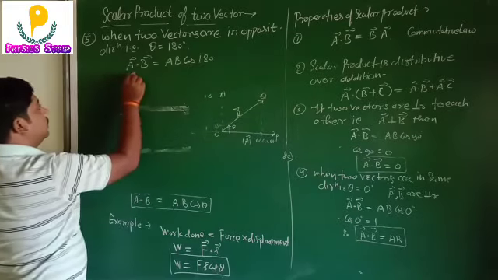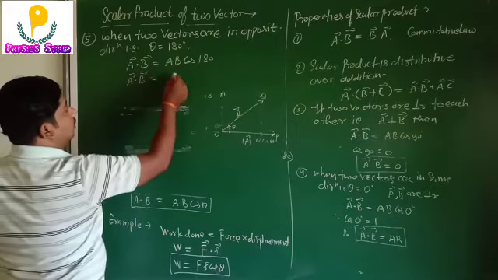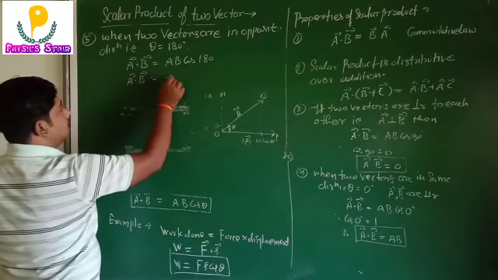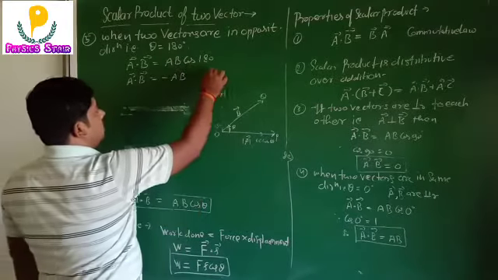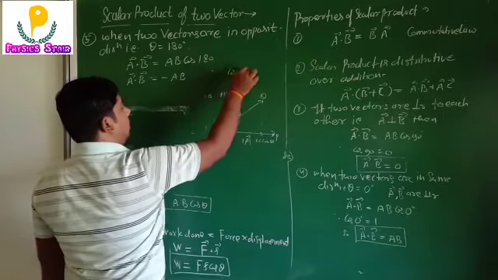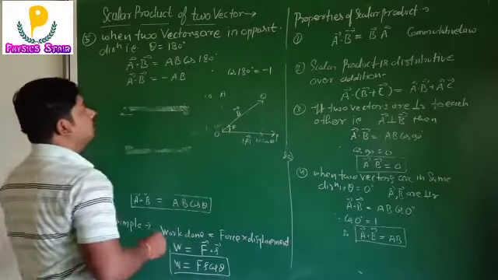That means vector A dot vector B is equal to minus AB, because cos 180 degrees is equal to minus 1.